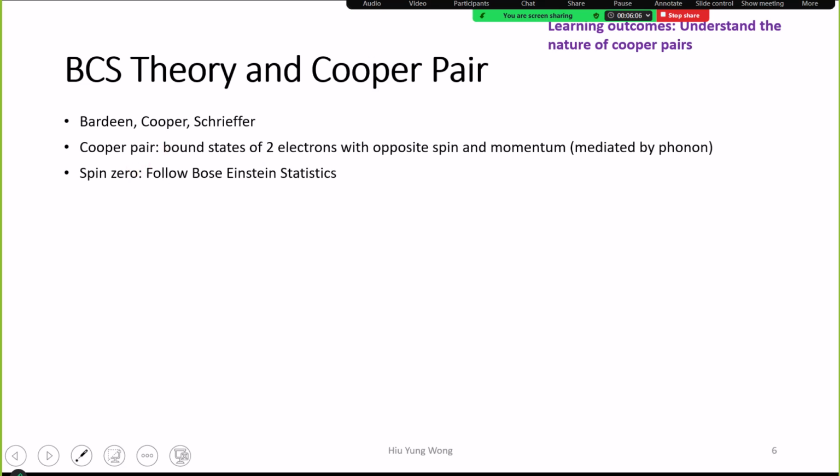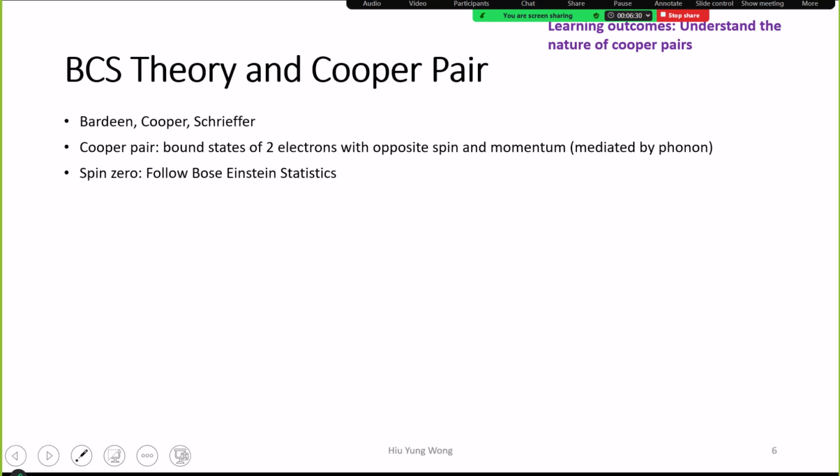So what happens when a metal is in superconductivity? We just accept it. It is because it bonds 2 electrons together with opposite spin and opposite momentum. They become one entity. How can that happen? You can read the book, or Google. It's mediated by the phonon, which is the lattice vibration.